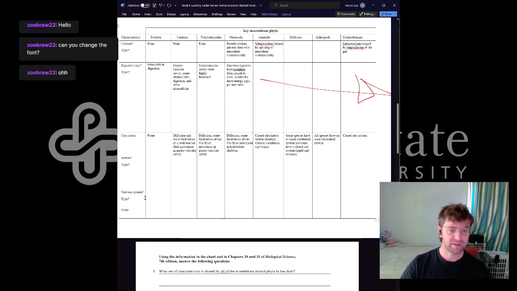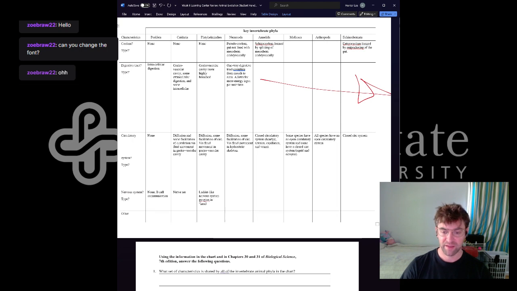Nervous systems. Sponges have none. Mostly cell-to-cell communication. Cnidaria have what's called a nerve net, so highly branched nervous tissue. Platyhelminths have a ladder-like nervous system with ganglia in the head end. A ganglion is a bundle of nerve cell bodies.